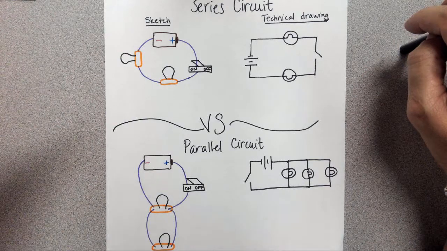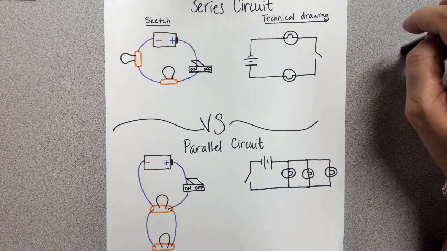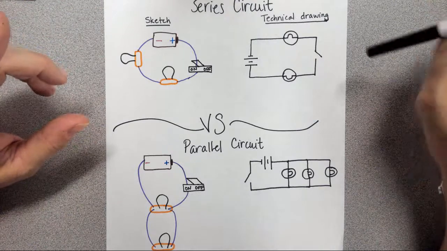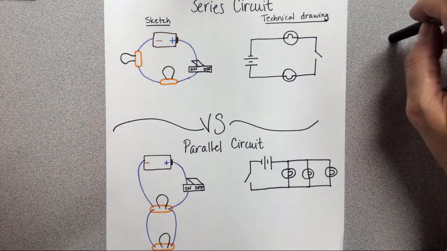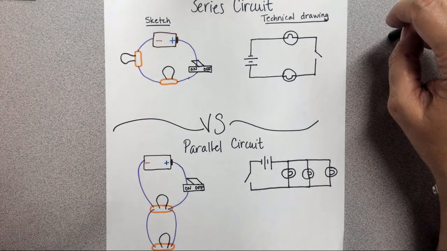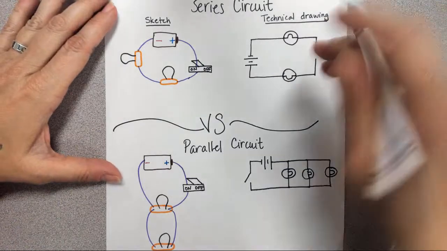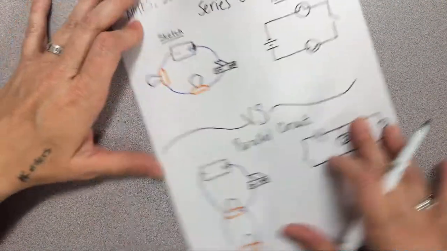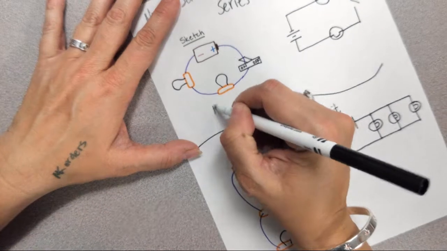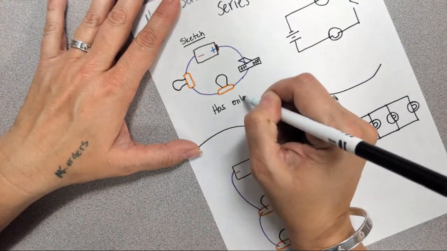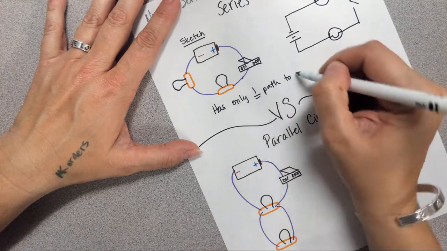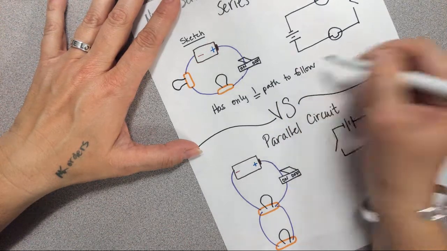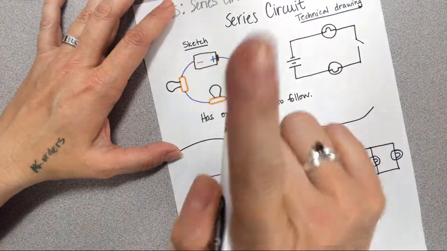The lights in the rest of the circuit should not have worked because there is only one path that it follows, and when I take a light bulb out, that path gets broken, which is an open circuit. So this is a series circuit, and a series circuit has only one path to follow. Just one.